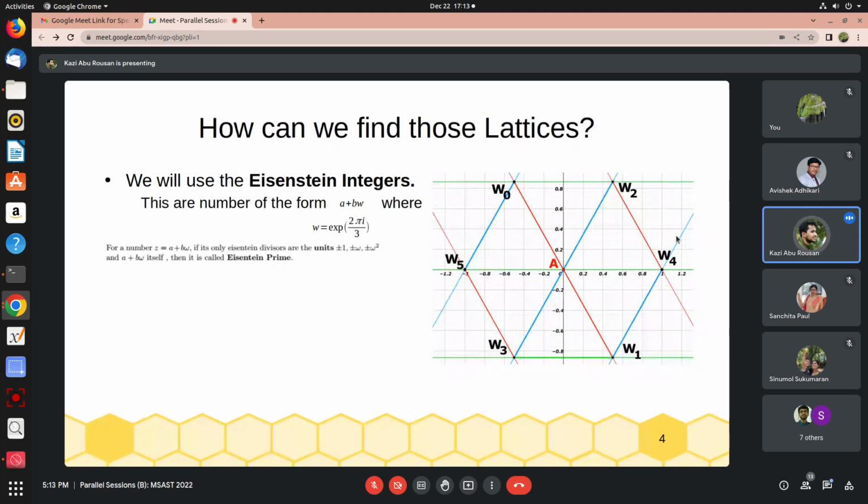In a similar fashion, in our two-dimensional plane, we have 6 unities: plus minus 1, plus minus omega, and plus minus omega square. And if we have a number z which is not divisible by any other number other than these, then it is called a prime.